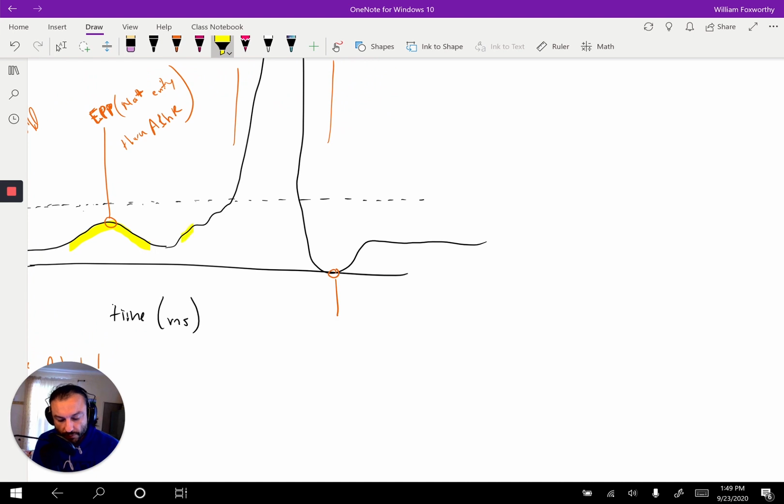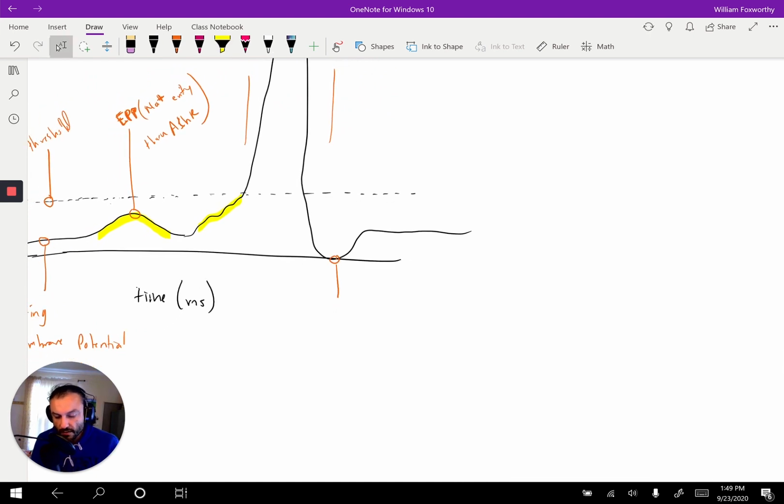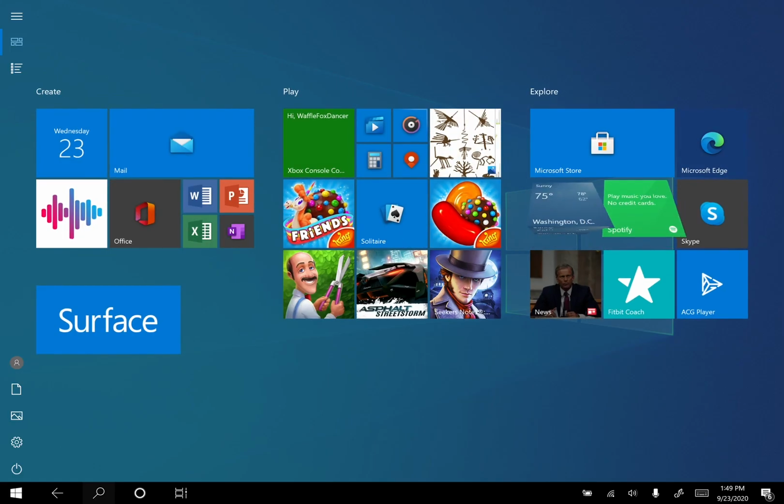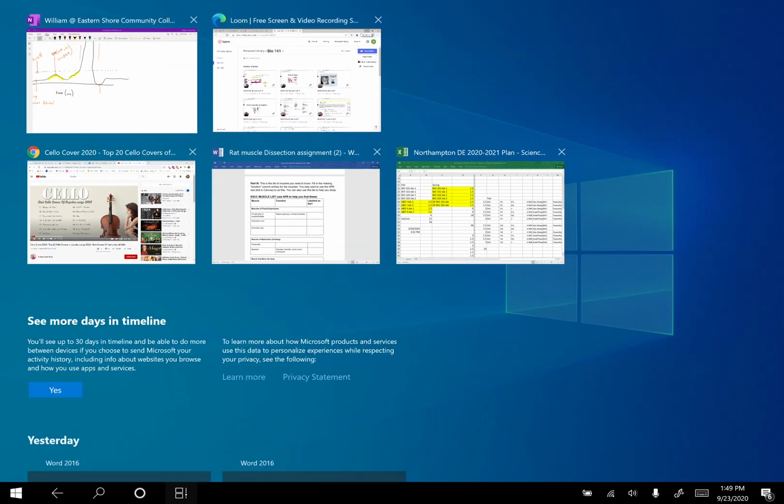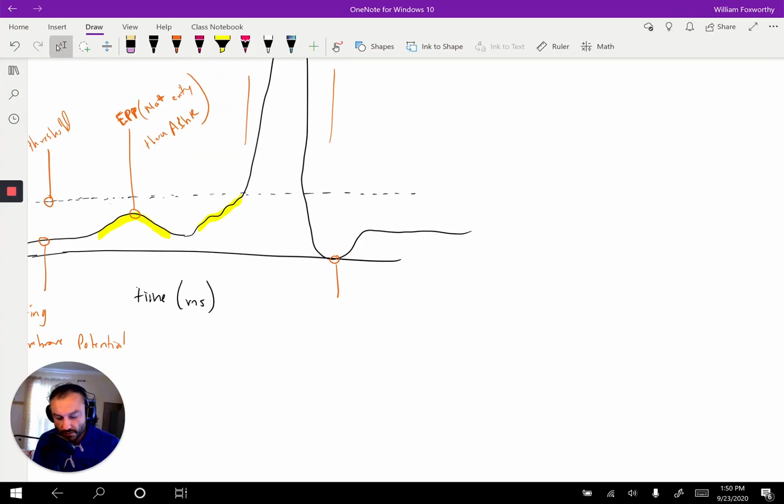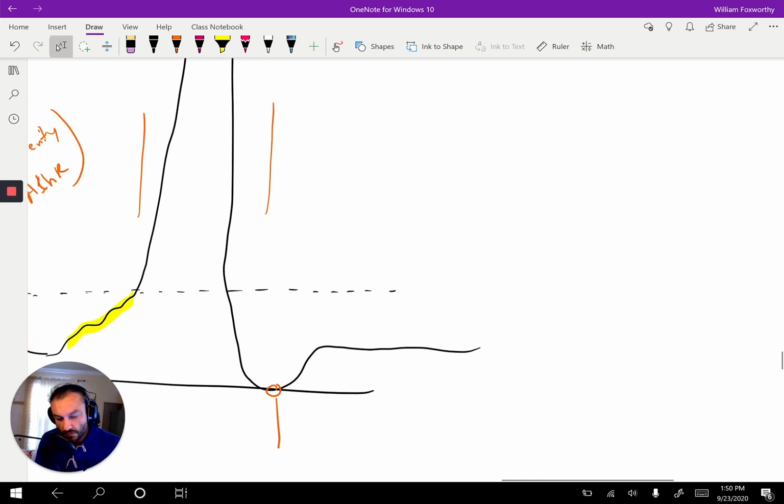All right, so what's happening here? I have got enough EPPs. They're either strong enough or I had enough of them in a row that has triggered the opening of my voltage-gated sodium channels, and this is called depolarization.